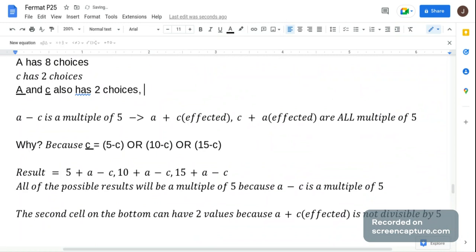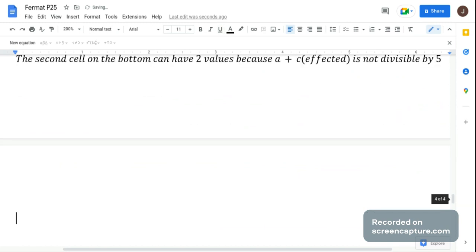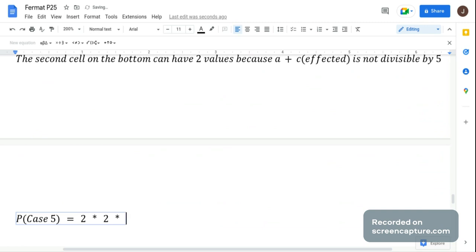Because it has 2 choices, remember that since it is not a multiple of 5, this one also can only have 2 choices, since it is not a divisor of 5. So we can simply obtain this result for case 5: 2 times 2 times 2 times 2 times 2 times 8 is equal to 2 to the power of 8.